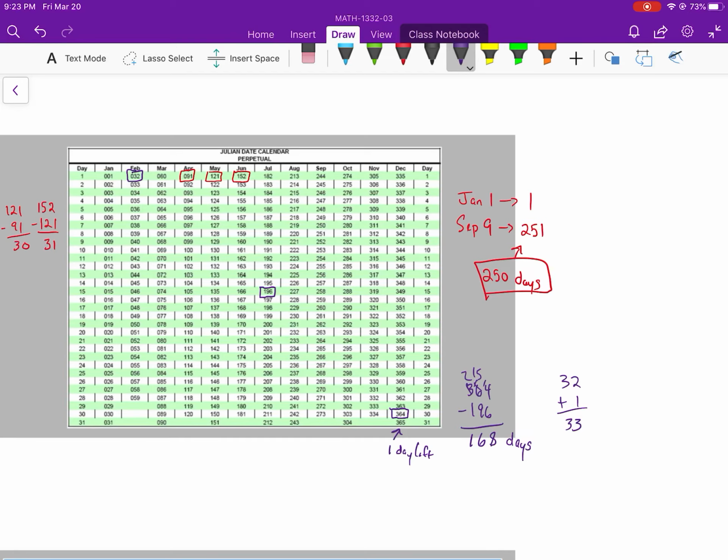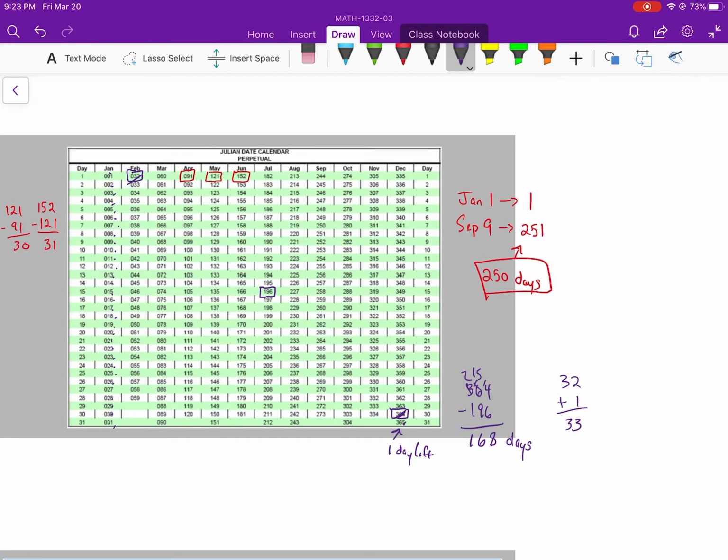If we start at December 30th and you put your pencil right there, and go 1, 2, 3, 4, 5, 6, 7, 8, 9, 10, 11, 12, 13, 14, 15, 16, 17, 18, 19, 20, 21, 22, 23, 24, 25, 26, 27, 28, 29, 30, 31, 32, 33.